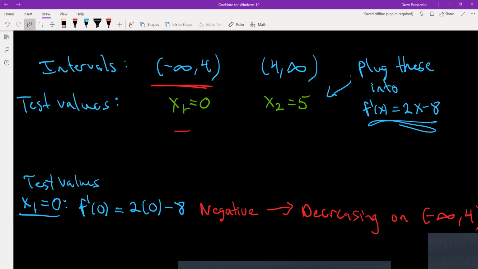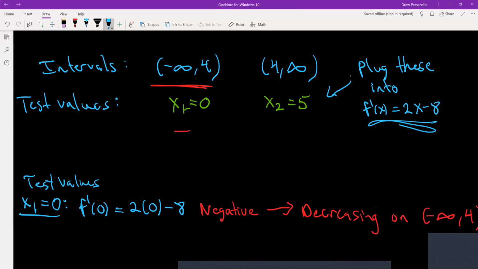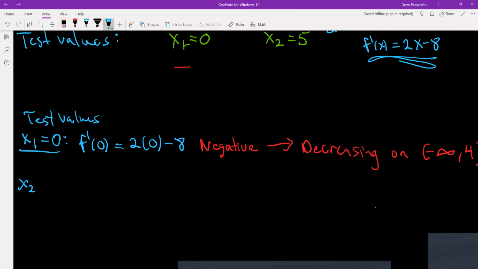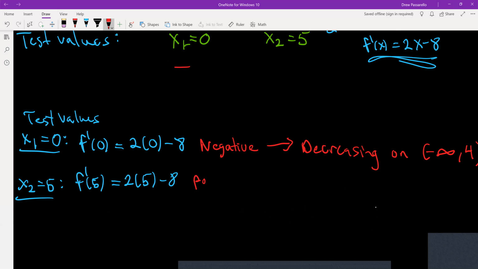Now the other test value is 5. That's going to be 2 times 5 minus 8. So that's 10 minus 8, which is positive.